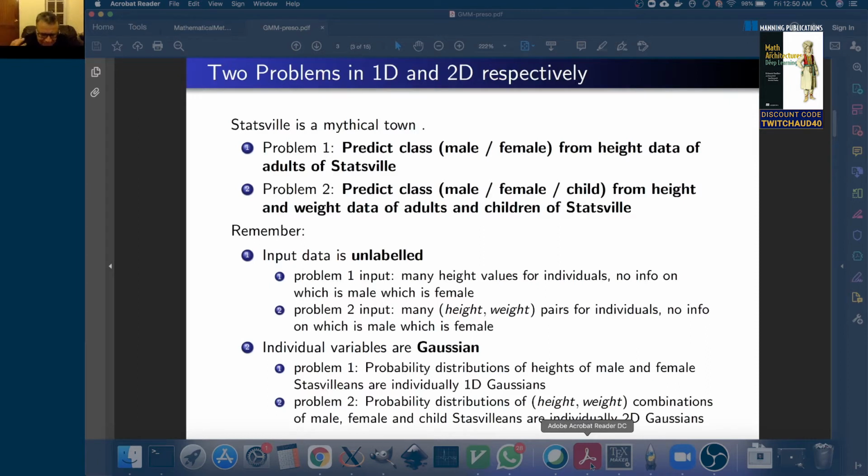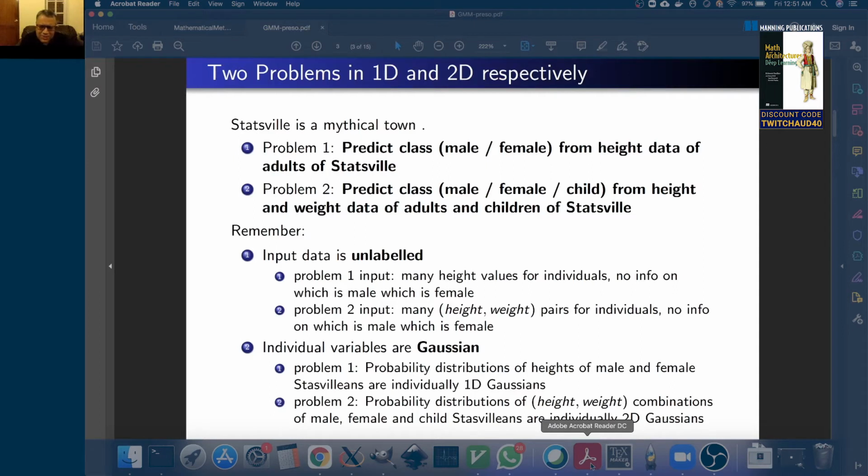In fact, we are trying to build a machine which, in case of problem one, given a height, would predict whether that height belongs to a male or a female. This is not very realistic because height alone is not a good predictor of gender, but in this simple example, let's go along with that.